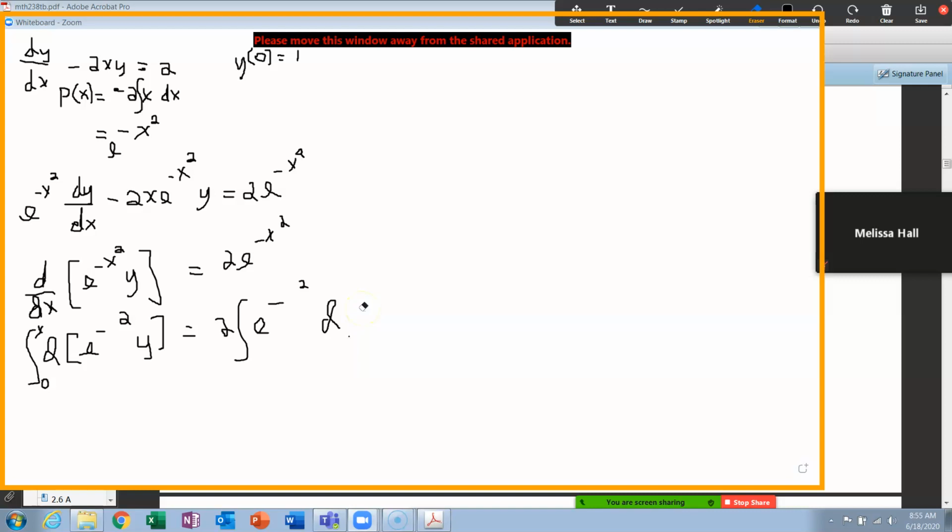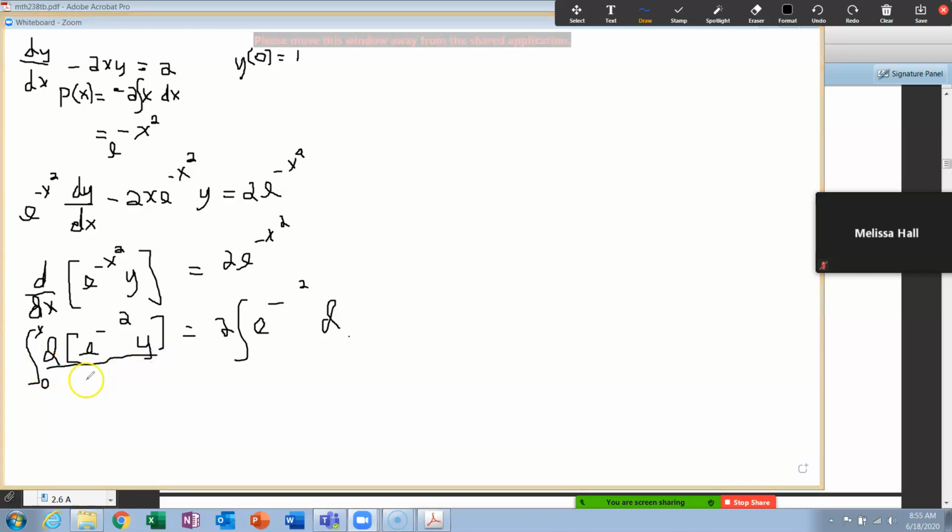Okay. Now, they do one other thing that is okay. I mean, it's correct. They rewrite this as d by dt, and then they put a dt here as well.